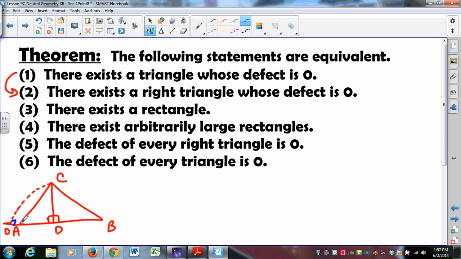Yes, an exterior angle has to be greater than the measure of any interior angle.